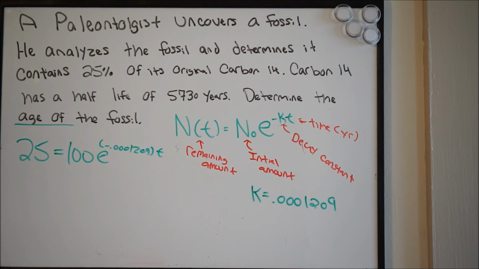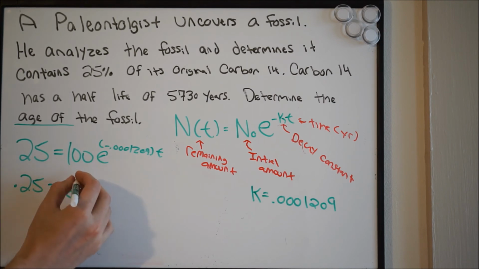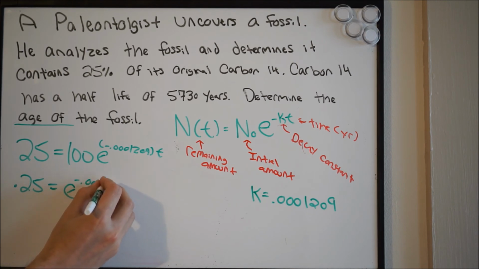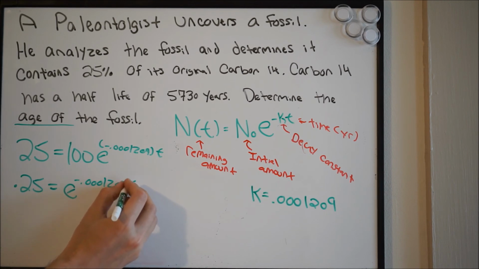Okay. So we're going to go about business as usual. We're going to divide both sides by 100. We want to isolate this e. So when we divide each side by 100, this will become 0.25. And we have a similar setup as last time. So we'll have negative 0.0001209.